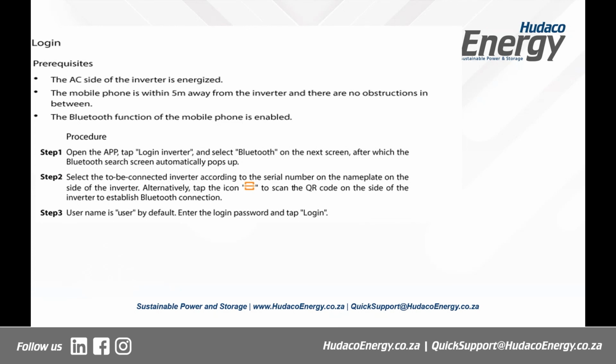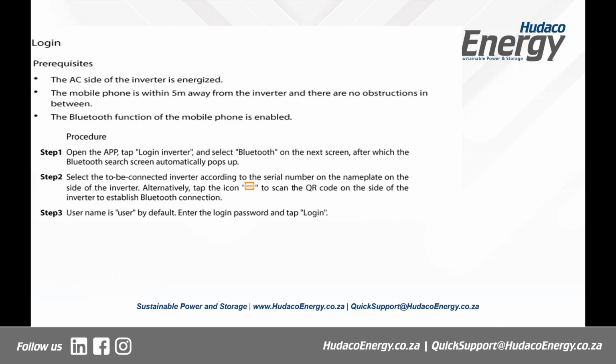Right? The procedure is, first of all, you must tap login into the inverter and select Bluetooth. And then the Bluetooth will actually start searching, and then you see the serial number of the inverter that is closest to you. Cross-check with the nameplate on the inverter to see if it is the same serial number that you are seeing there.